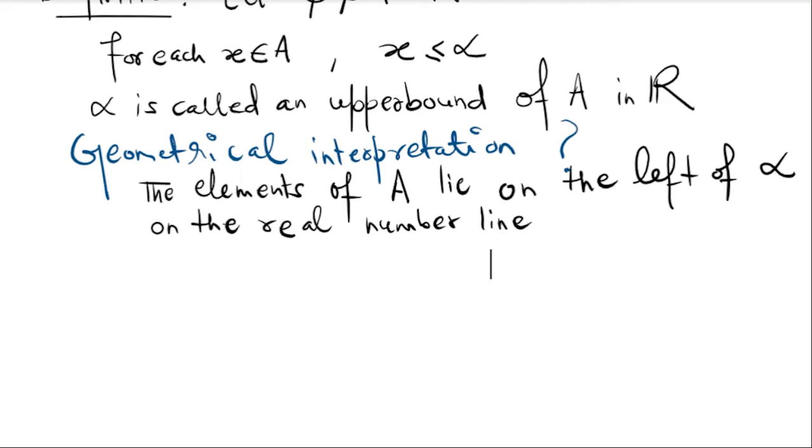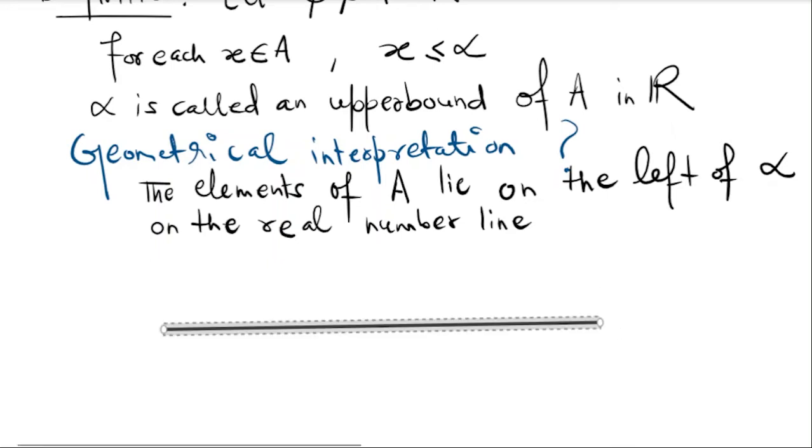Suppose this is my real line. And I chose my alpha to lie somewhere over here.